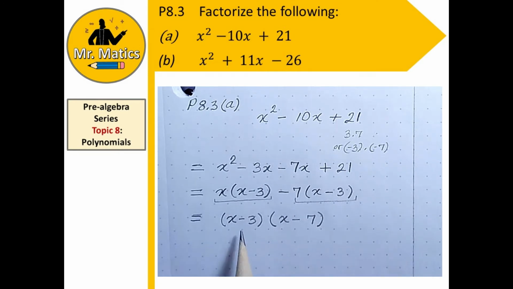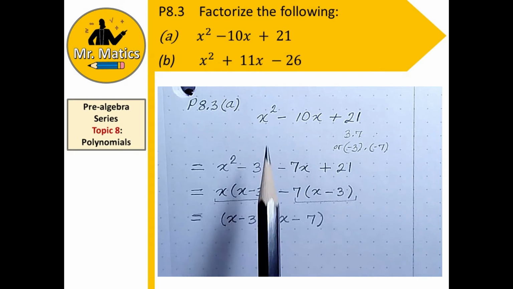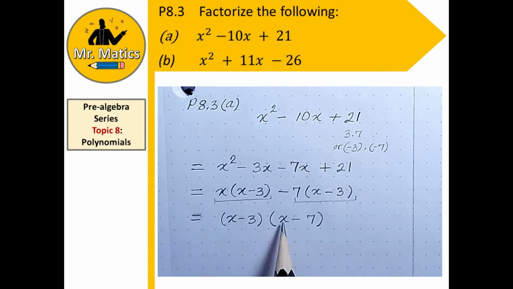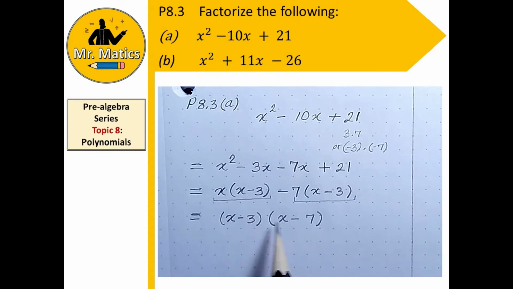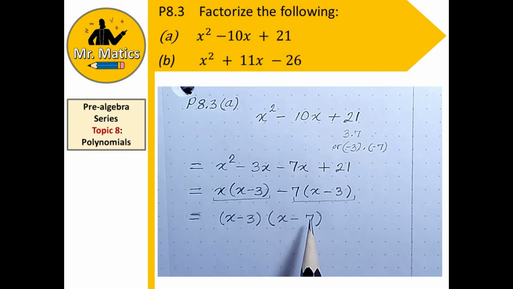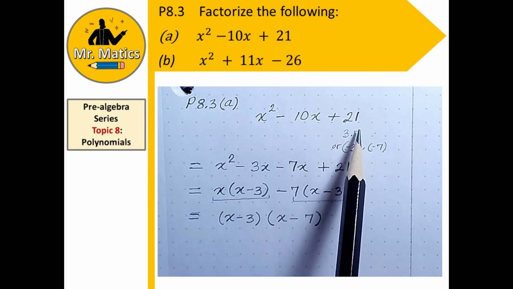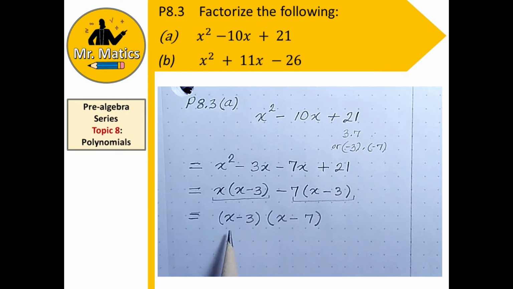If you want to recreate the original expression, you can again multiply x to x, or x to minus 7, and then minus 3 to x and minus 3 to minus 7, and you will get the original expression back. So the factors of the original expression are x minus 3 and x minus 7. These are the two factors.